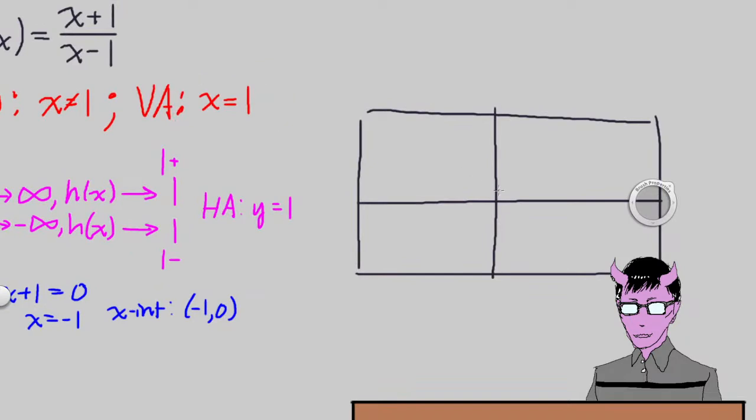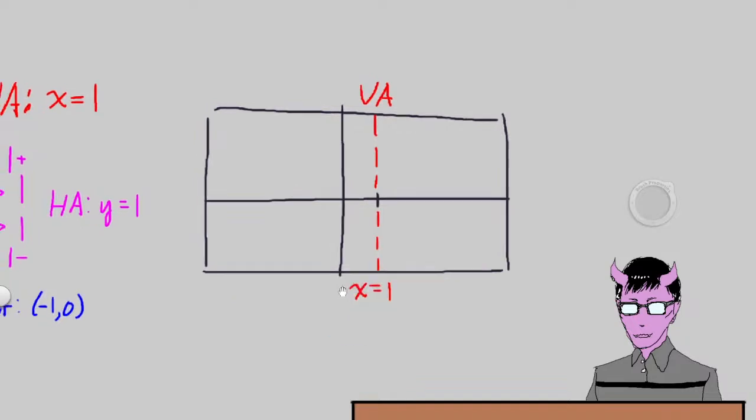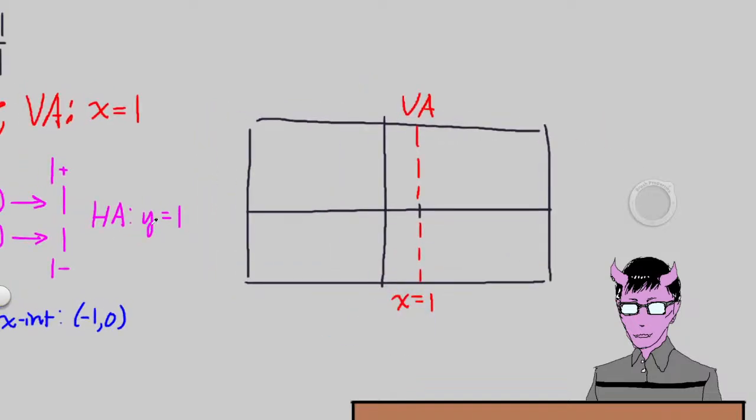So we have a vertical asymptote at x equals 1. There it is. Let's color that red. So that's a VA, and again, x equals positive 1. And now we have a horizontal asymptote, no longer at 0, no longer on the x-axis. It's at y equals positive 1. So right here for scaling purposes.